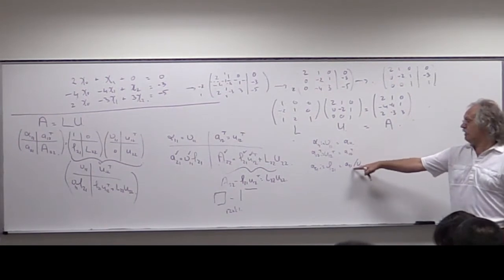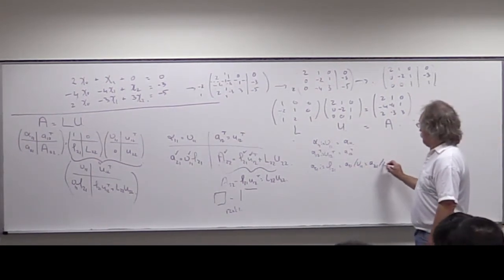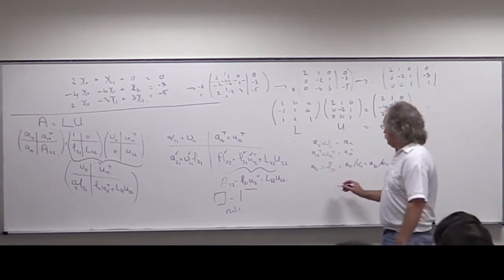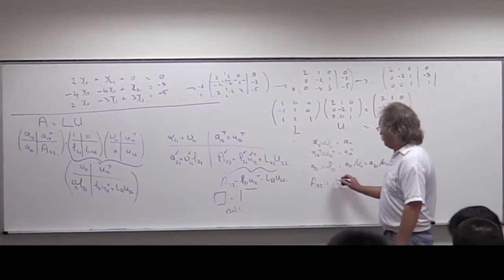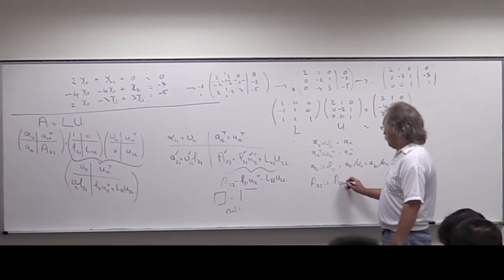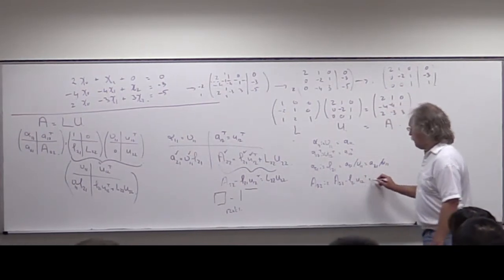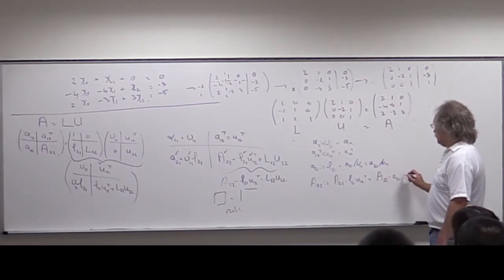Here you just take A21 divided by what's now in alpha 1,1. And then you take A22 and update it with A22 minus L21 times U12 transpose, which is just A22 minus A21 times A12 transpose.